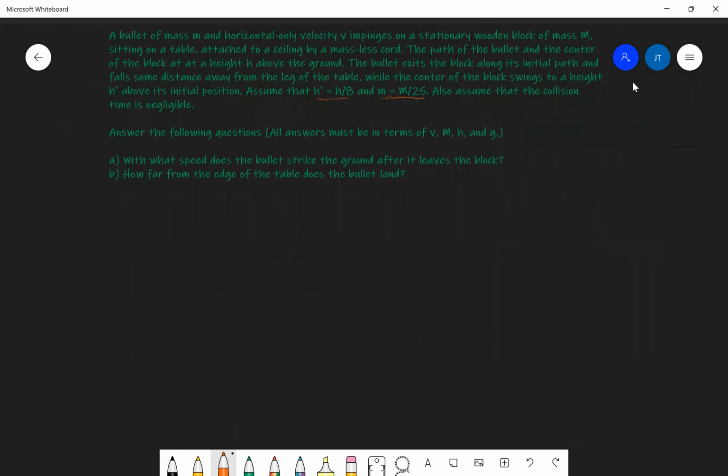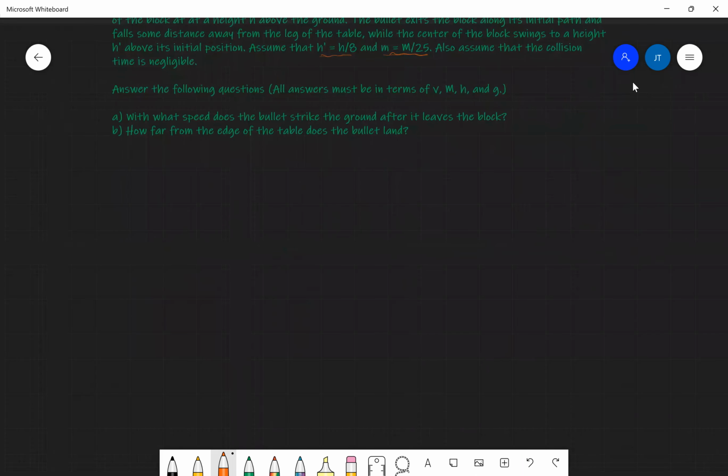So let's draw a little drawing right here. So for part A, here's the block. Right before it starts swinging, the bullet has penetrated already and is leaving right now. So here's the mass of the bullet, the velocity, and it's going to go down.